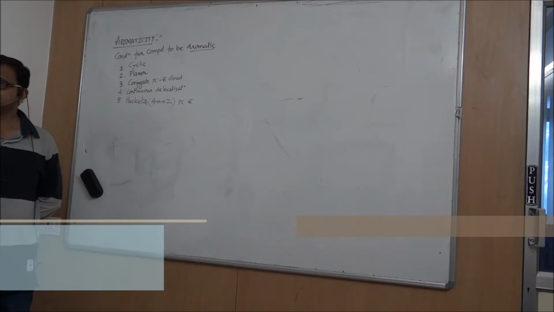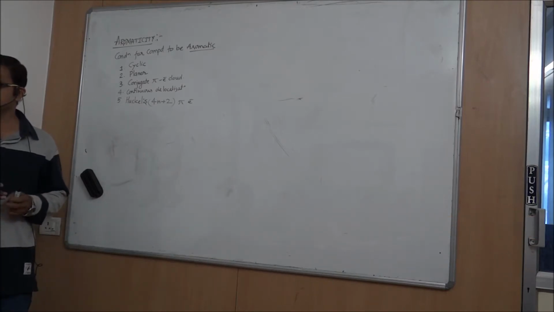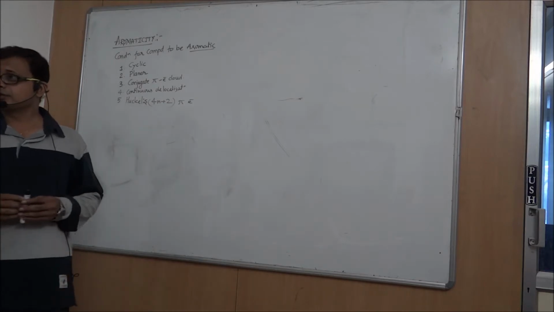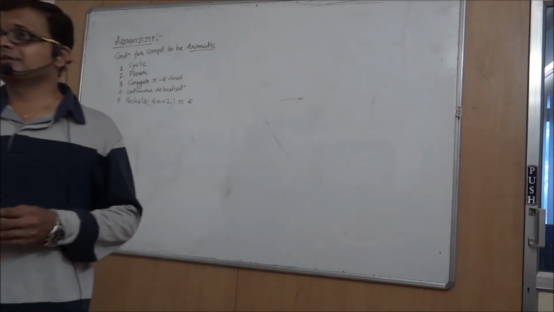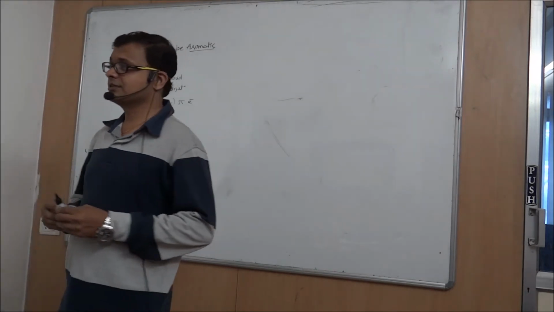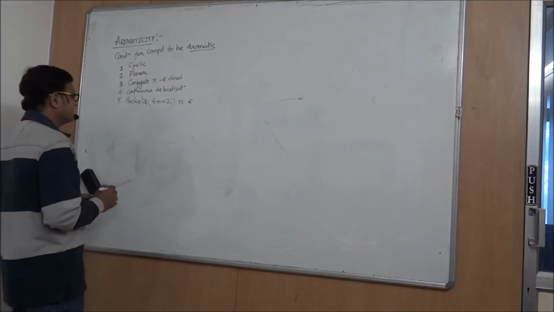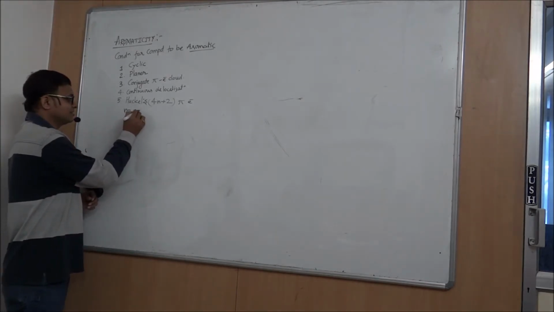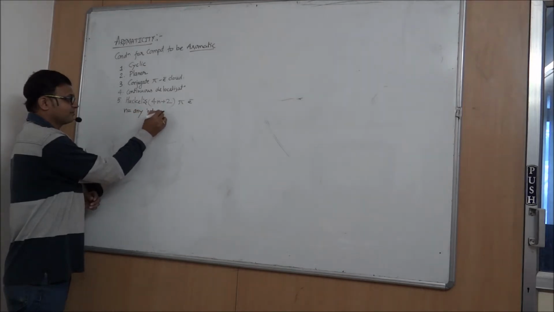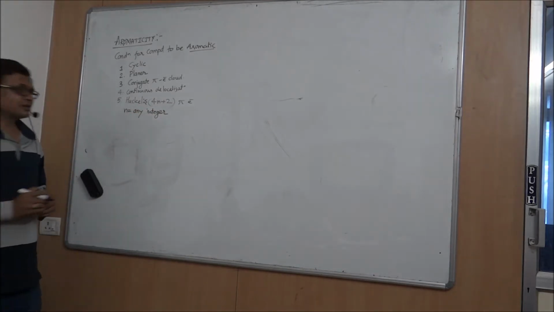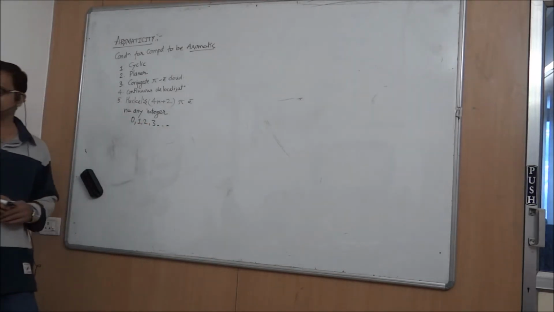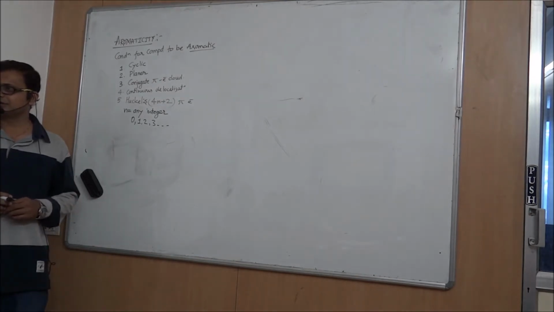Is n the number of rings, number of double bonds, number of electrons in a double bond, or number of atoms? It is an easy confusion. So simple: n is nothing but any integer, with values starting from 0, 1, 2, 3 and so on. Any whole number starting from 0.